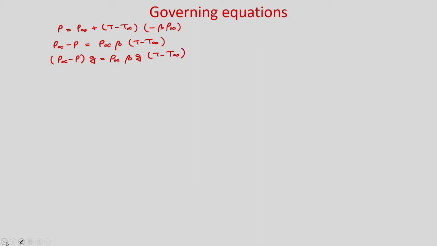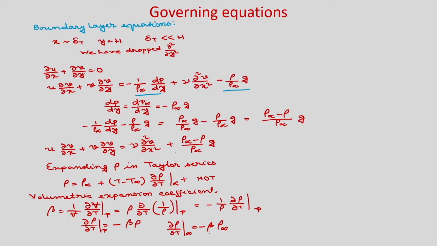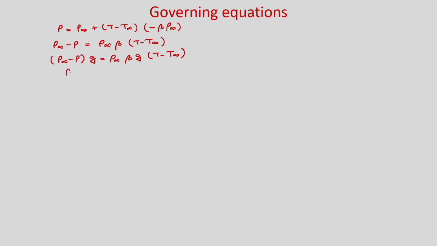Now you can substitute that term, and rho infinity minus rho divided by rho infinity, so you can write rho infinity minus rho into g by rho infinity as beta into g t minus t infinity. So, this is your buoyancy term.